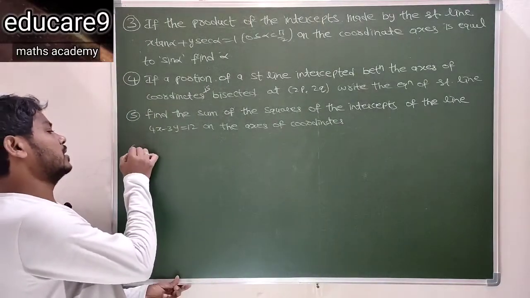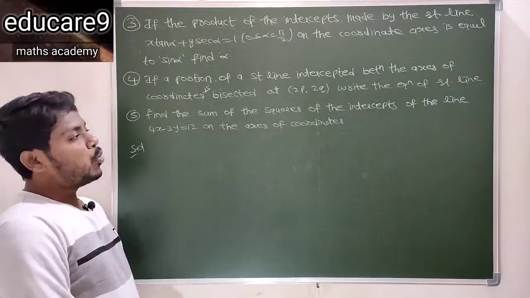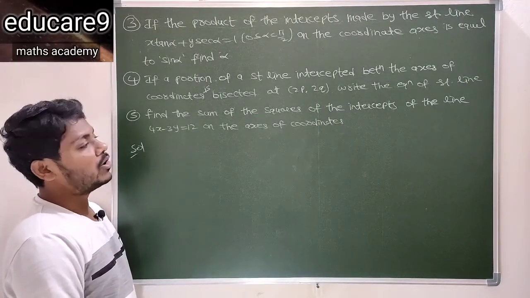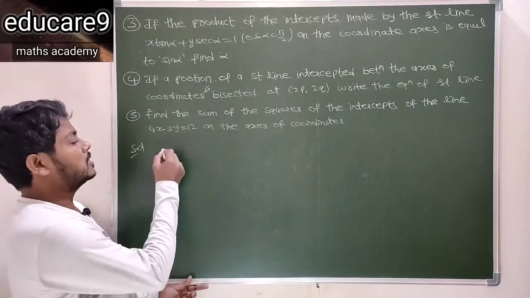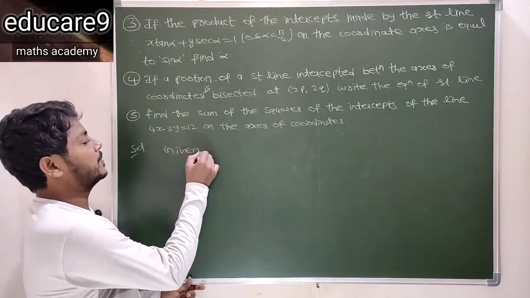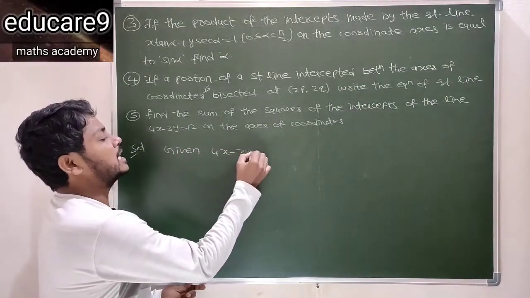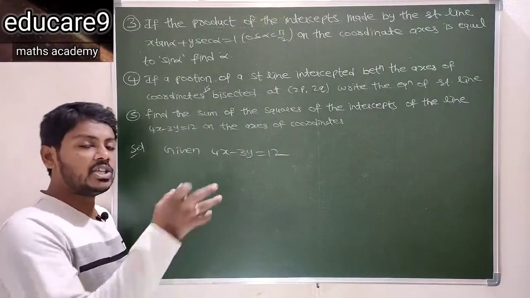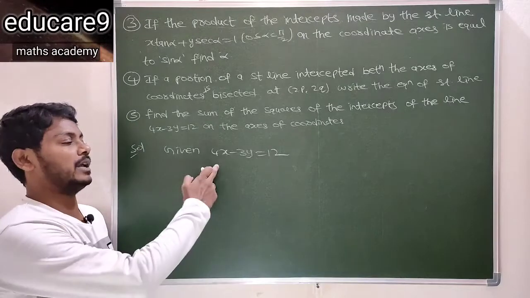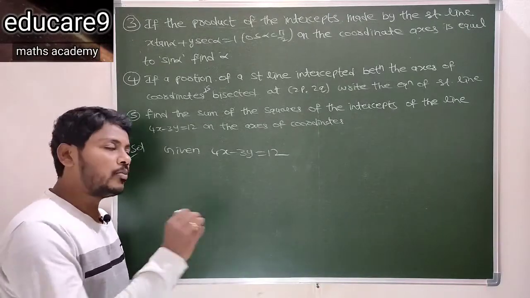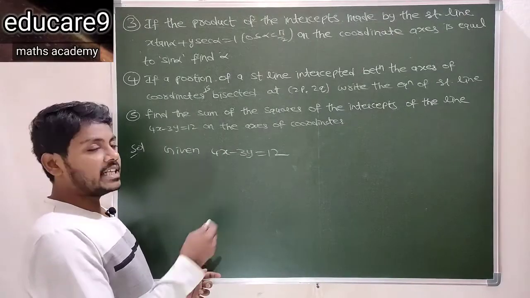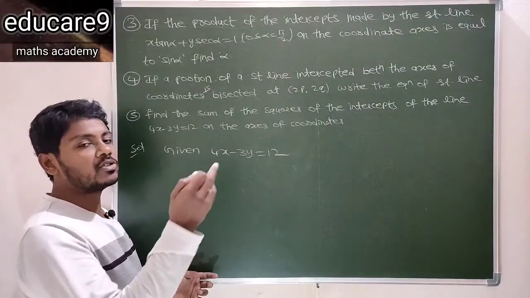So see the next one. Find the sum of squares of the intercepts of the line on the coordinate axes. So see here, given 4x minus 3y is equal to 12. Here you need to find the sum of the squares of the intercepts of this line. So for that we have to make this equation into intercept form, that is x by a plus y by b equals 1.